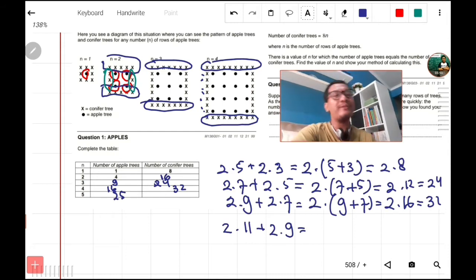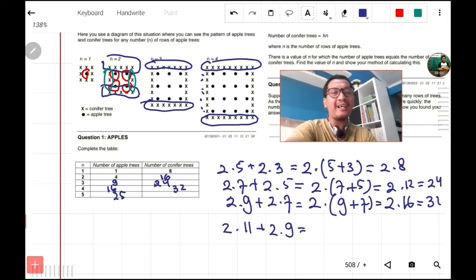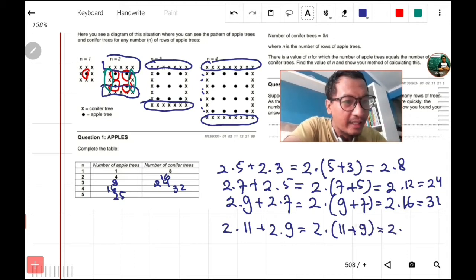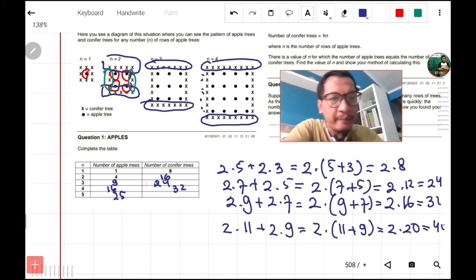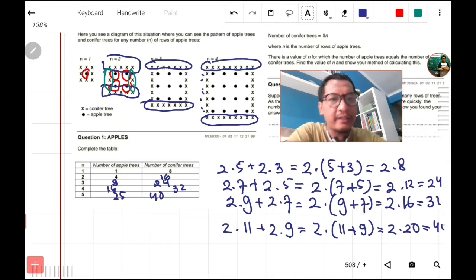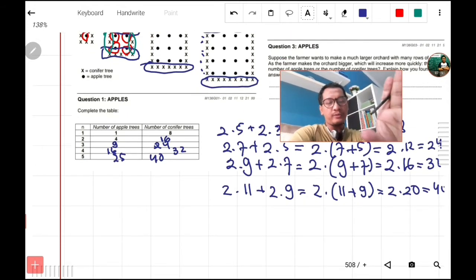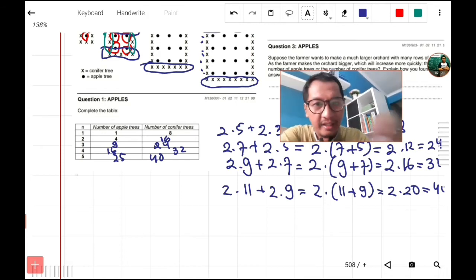If you cannot believe it, you can draw it, but I won't. That is 2 times (11 plus 9), which is 2 times 20, equal to 40.